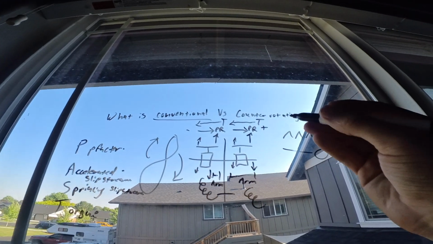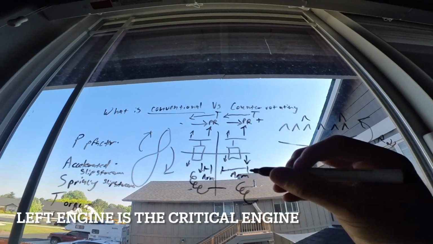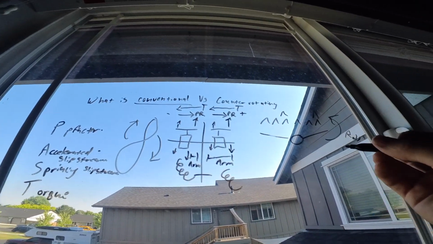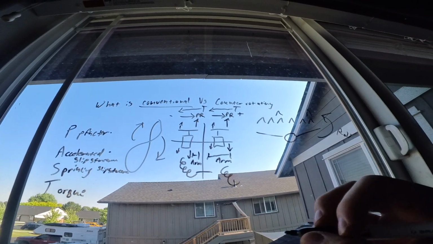And long story short, we're able to see that the left engine is the critical one, and going through all of these processes is very important to not only show you have an understanding of the actual aircraft you're flying, but the concepts that are behind them.